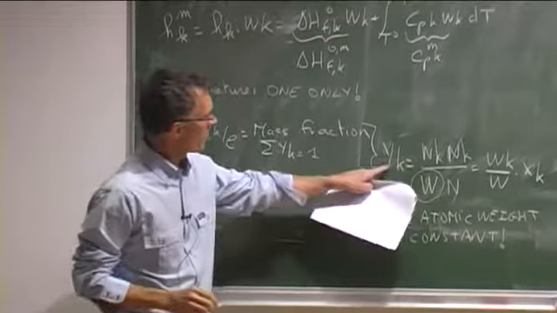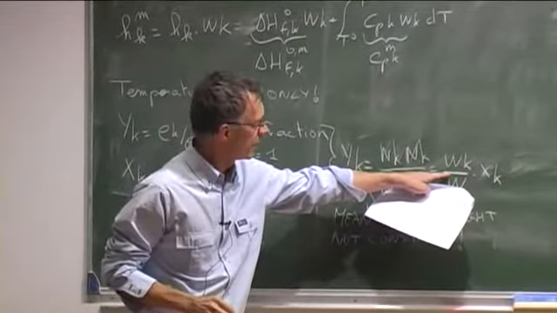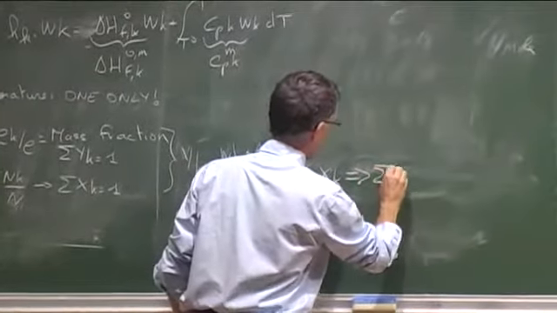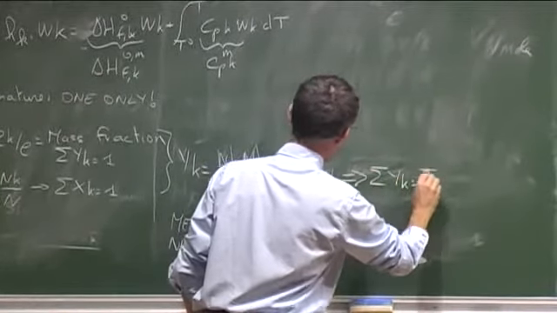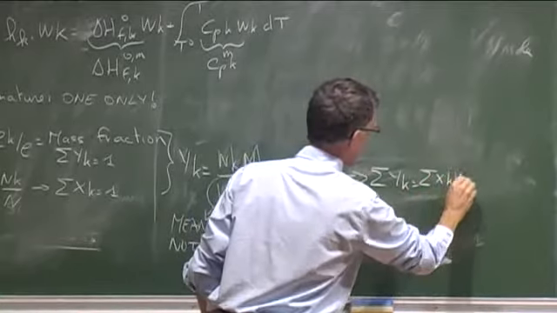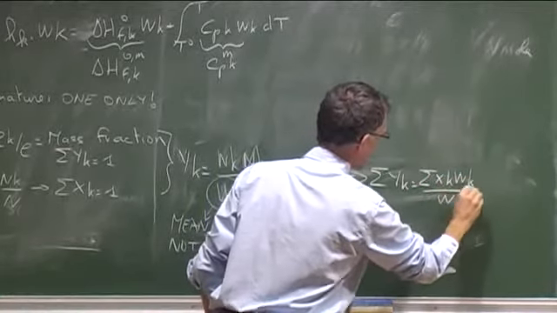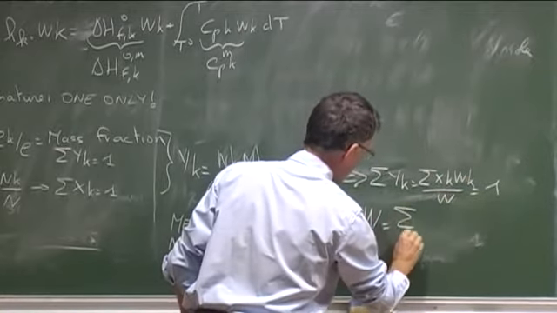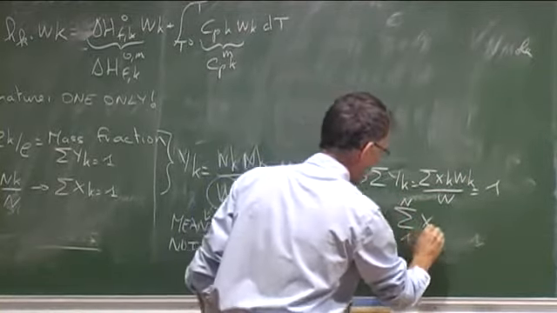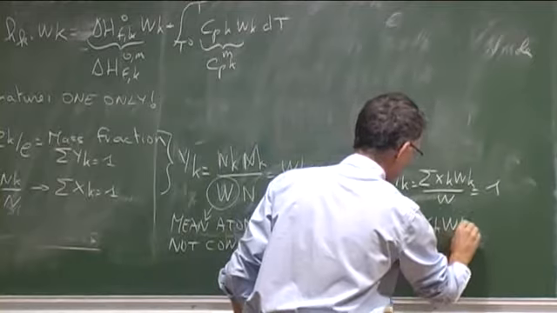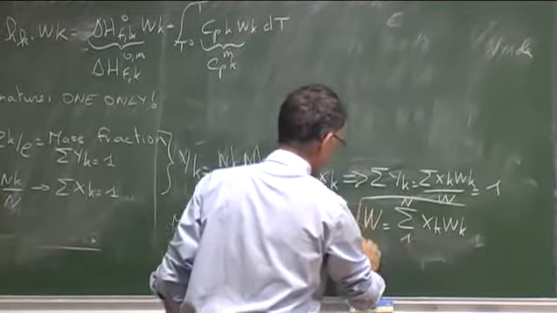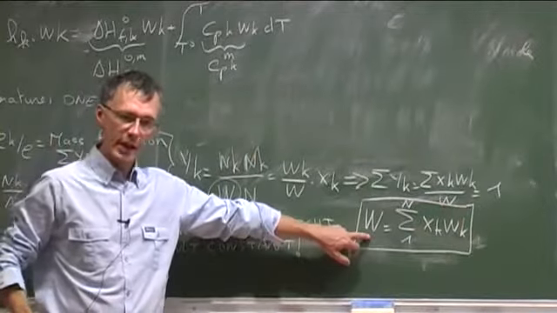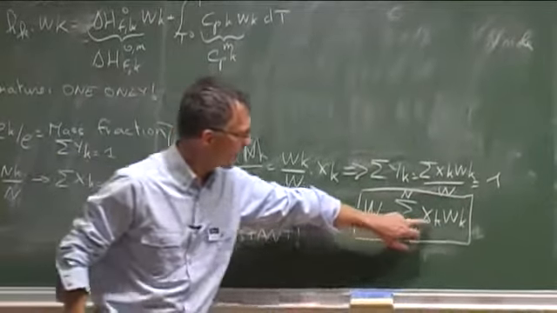So if you say that sum of yk equals unity, it gives you sum of the xk wk divided by w equals 1. So it gives you w. W is the sum over all species of xk wk. So this is the mean atomic weight of your mixture, and it will change.